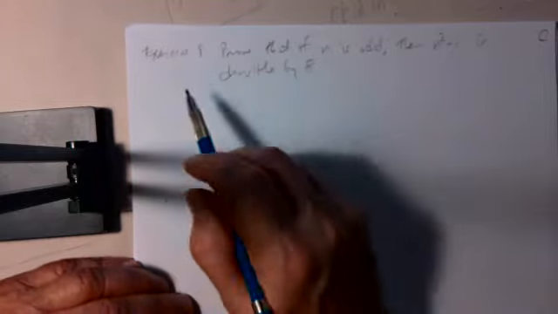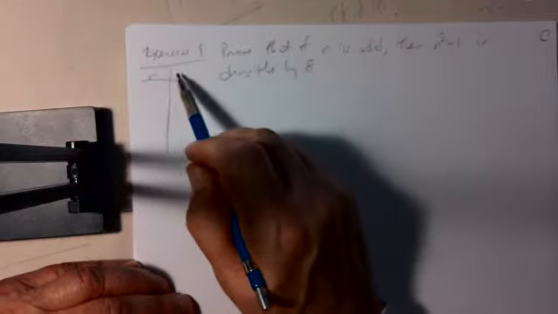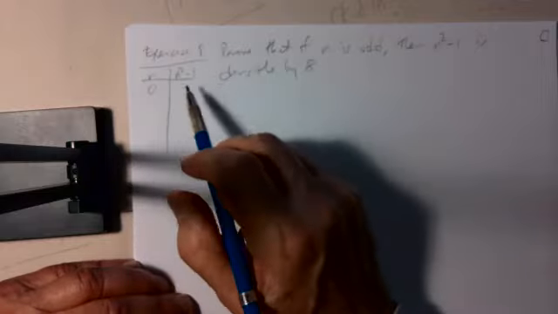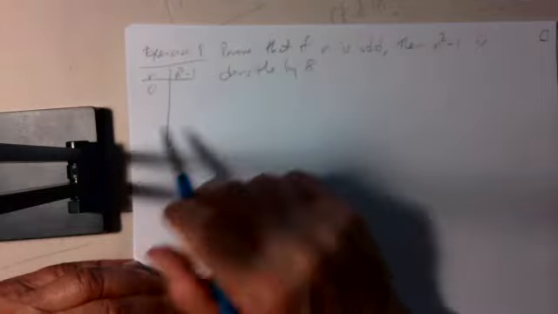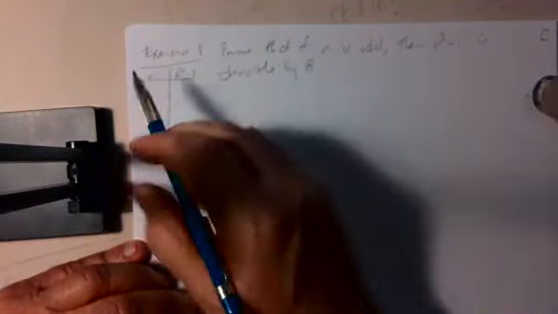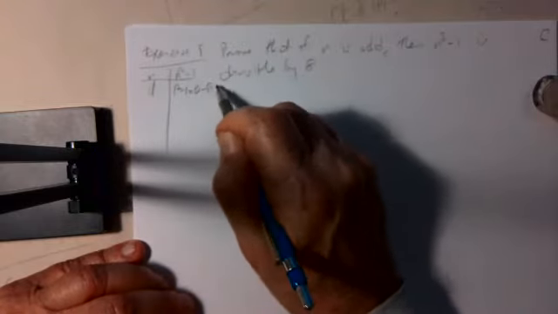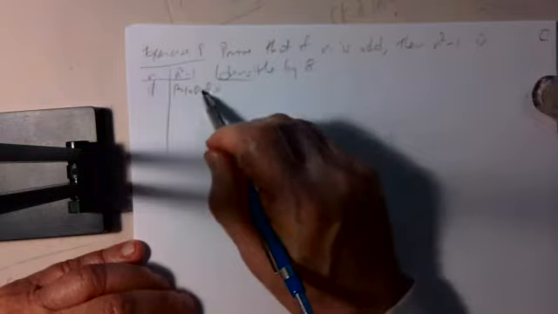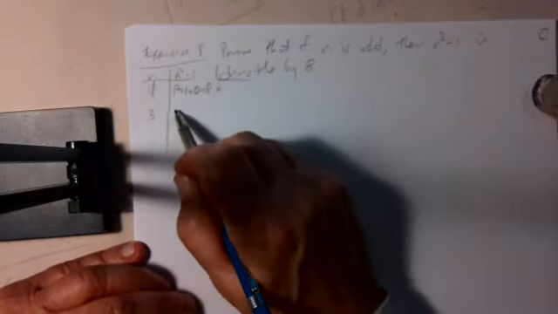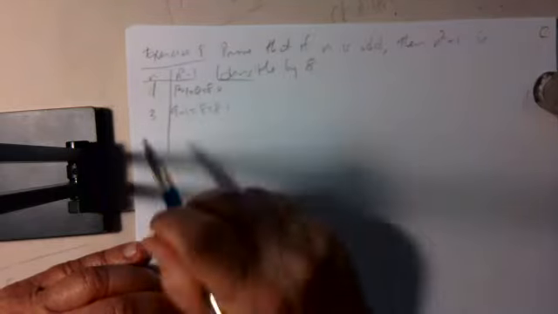And again, let's just do a little experiment. Suppose I make a table, n squared minus 1. If n is 0, sorry, n is odd, so n can't be 0. Suppose n is 1, 1 squared minus 1 is 0, which is divisible by 8. It's 8 times 0. If n is 3, this is 9 minus 1, or 8, which is 8 times 1.